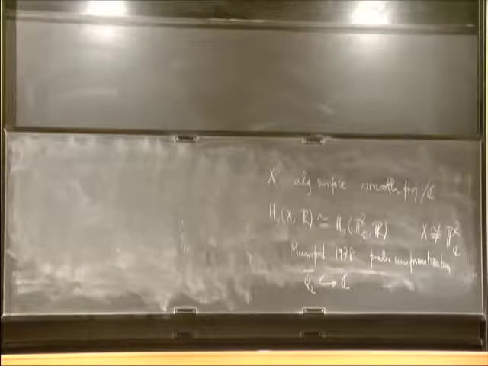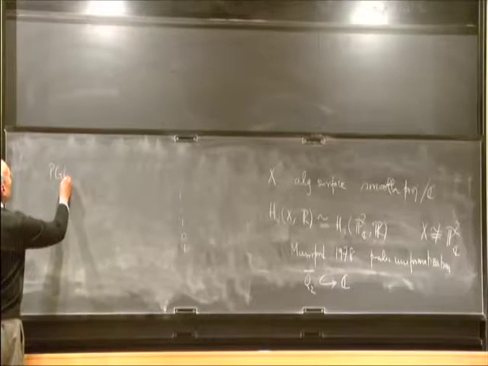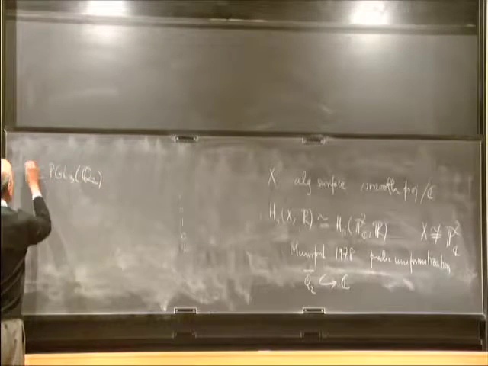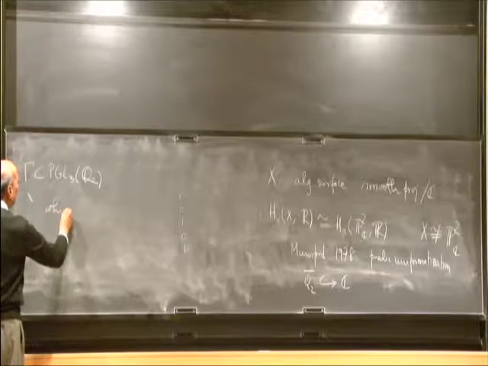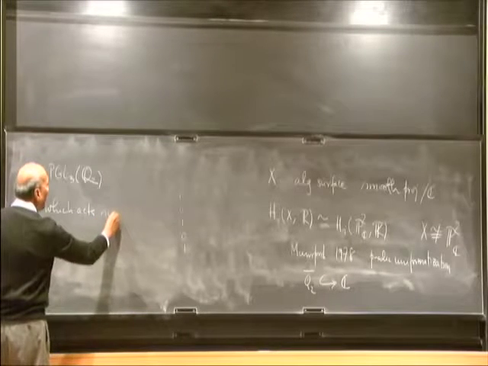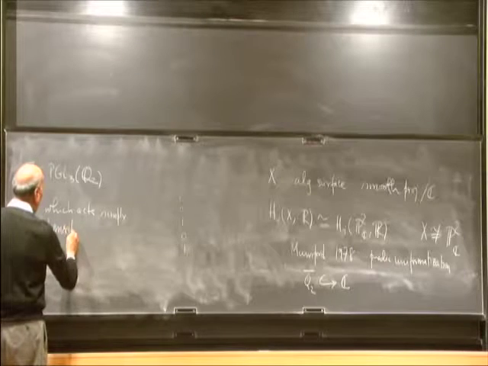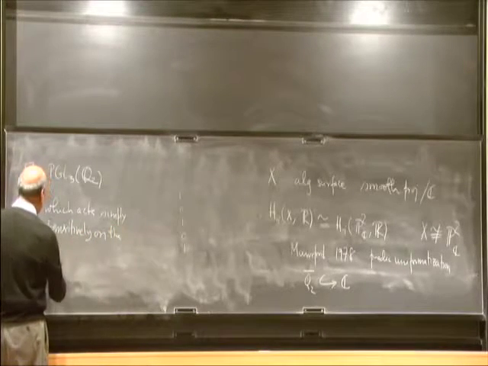And what he used was that inside PGL_3(Q_2), you have a discrete subgroup gamma which acts transitively, in fact simply transitively, on the vertices of the building.